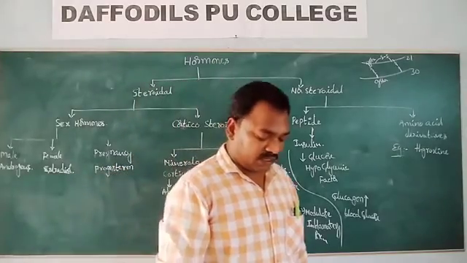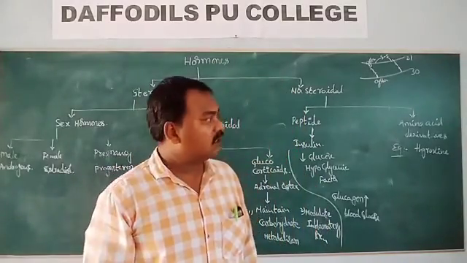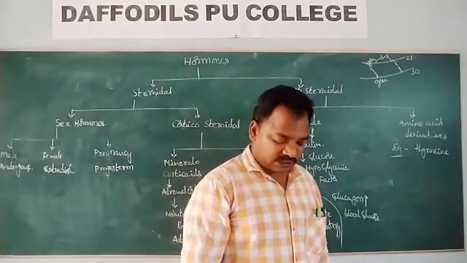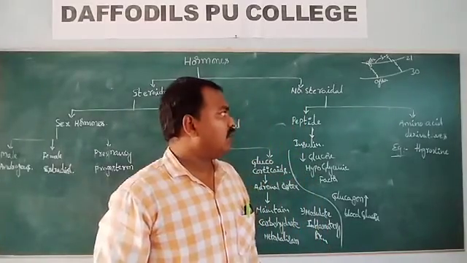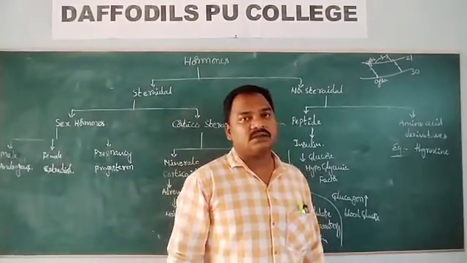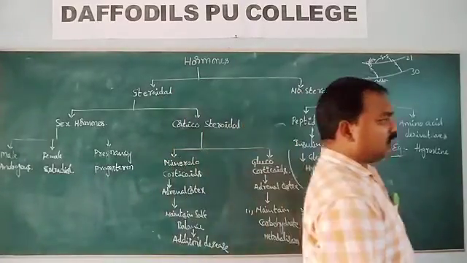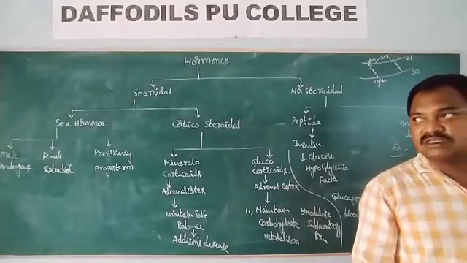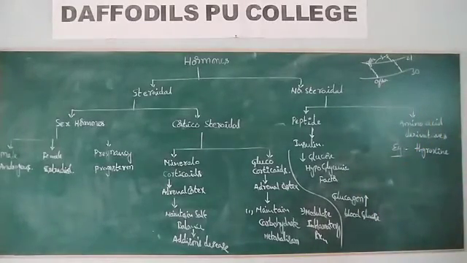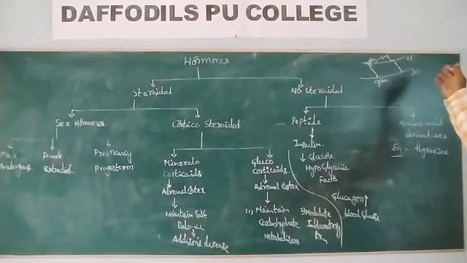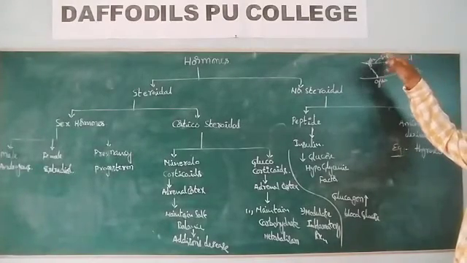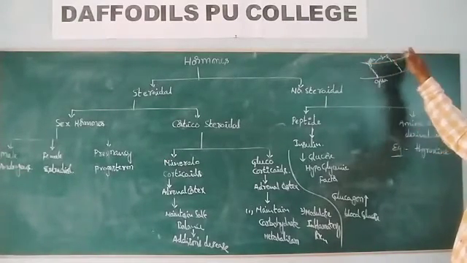So in total, how many disulfide bonds can we see? Three disulfide bonds are there, formed at cysteine amino acids. Two peptide chains of 21 and 30 amino acids are connected by disulfide bonds.